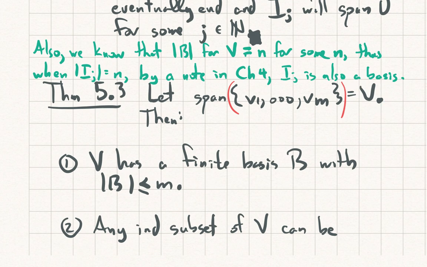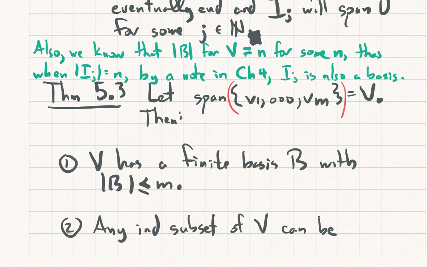The first result says that there has to be a finite basis, let's call it B, and the size of that basis is at most m, the number of vectors in our spanning set. So we can't have a basis with more than that.